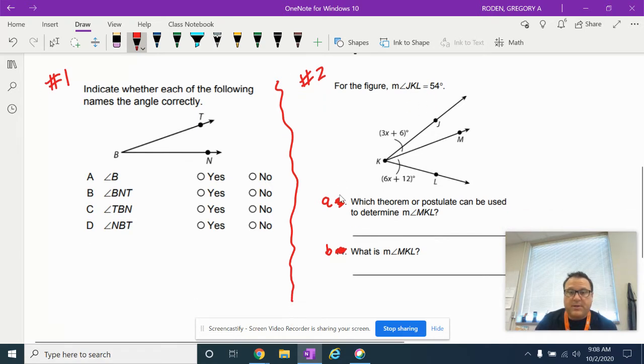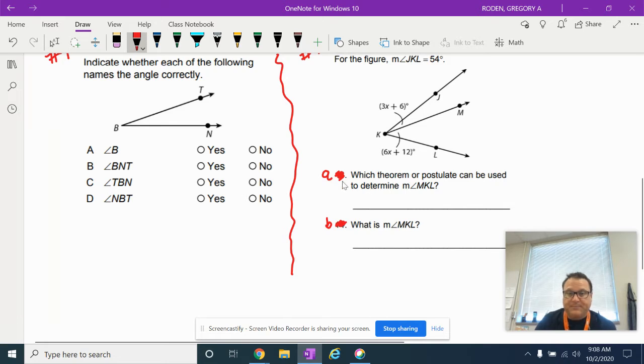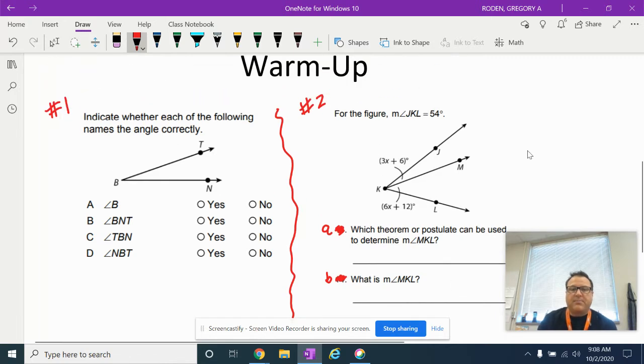And they have two questions there. Part A, which theorem or postulate can be used to determine the measure of MKL? And what is the measure of MKL? So I want you to pause the video right now and go ahead and answer these questions. And then when you come back, let's see if you got them right.